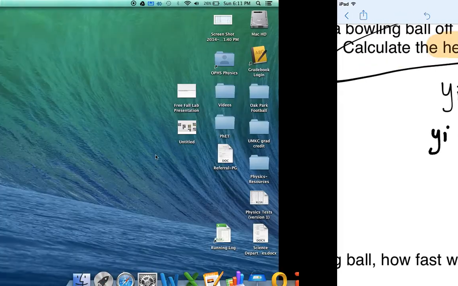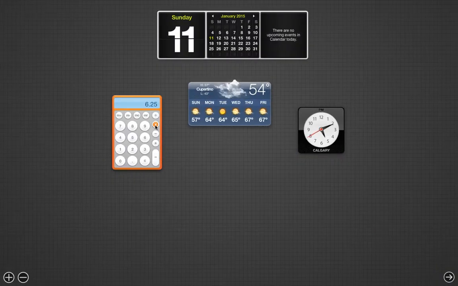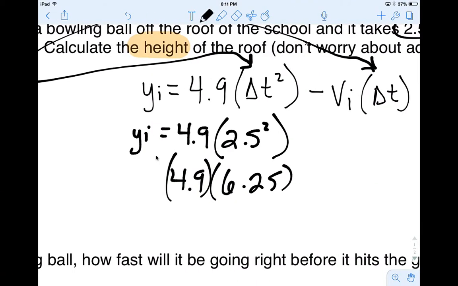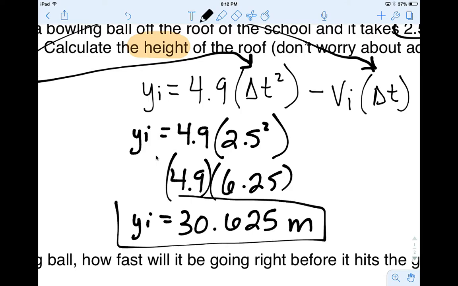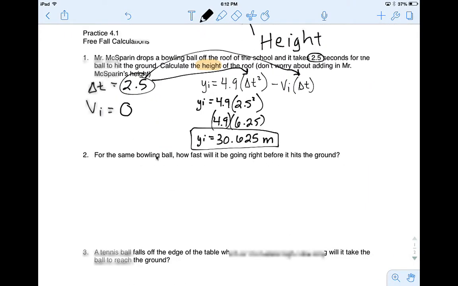Notice I just left it on the calculator, so I don't need to type it again because it's already there. I've got 30.625. So YI equals 30.625, and that's a height, so it's got to be meters. All right, good. There's the answer to number one.